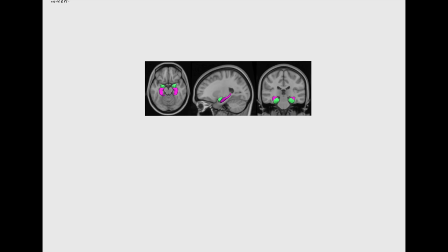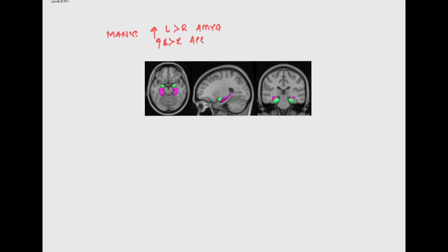What are other things that we see in patients with mania, right? So far we know that in patients who are manic, there's an increased activation seen in the amygdala, the left more than the right. There's an increased activation seen in your anterior cingulate cortex, the left more than the right.